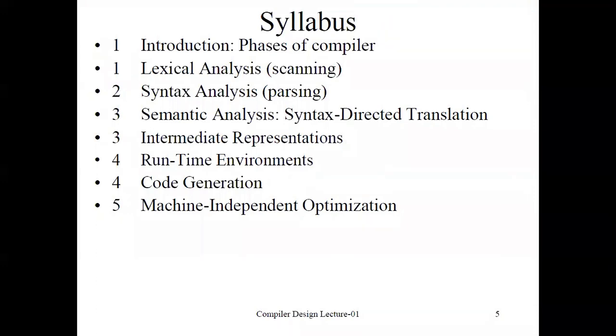Just now I mentioned, in this entire course we will discuss the 6 phases of compilers. All phases we can study in order. Like in formal language and automata theory, we studied the Chomsky hierarchy of formal languages with 4 categories: type 0, type 1, type 2, type 3.